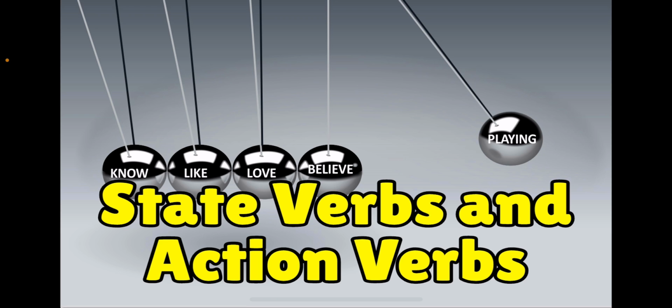Now, what's special about the state verbs? Remember, for state verbs, we cannot use ing because they do not indicate progression or continuous activity, temporality. Action verbs, yes, we can put ing.